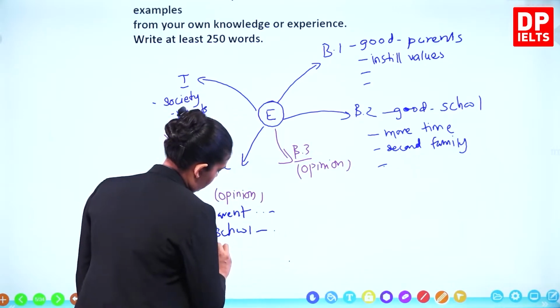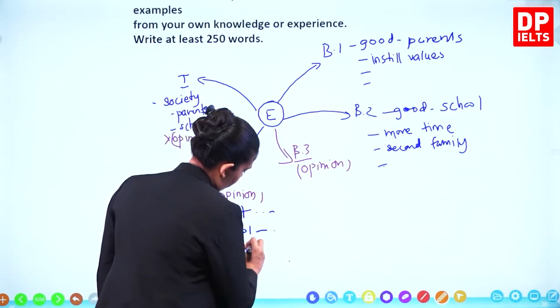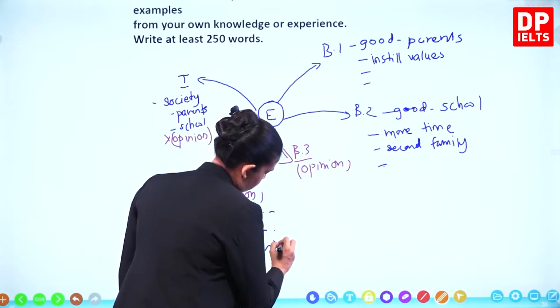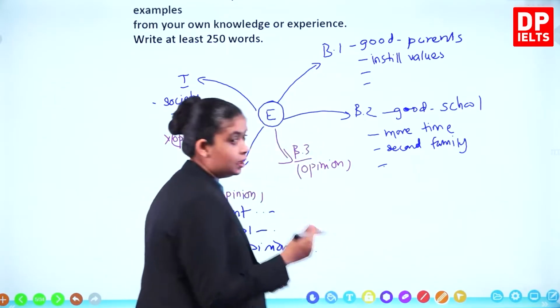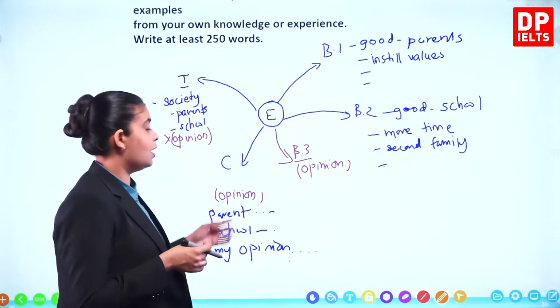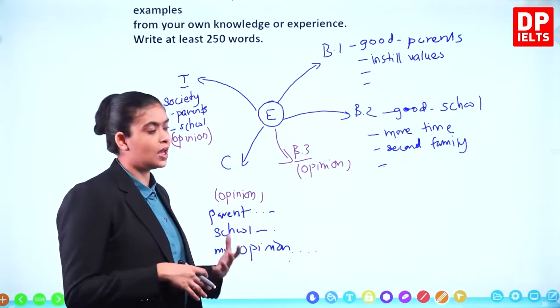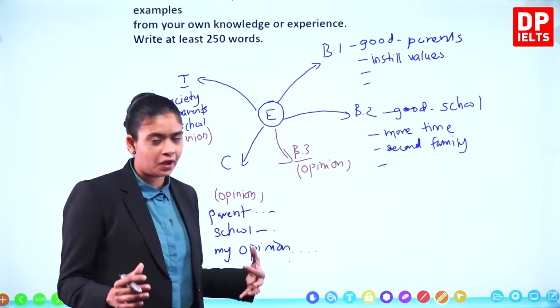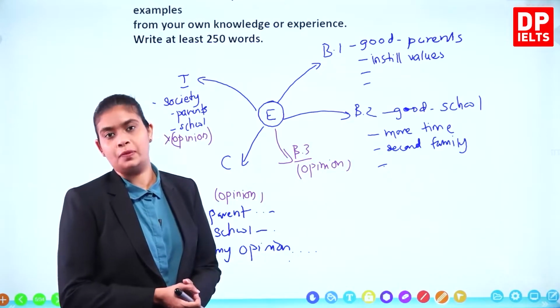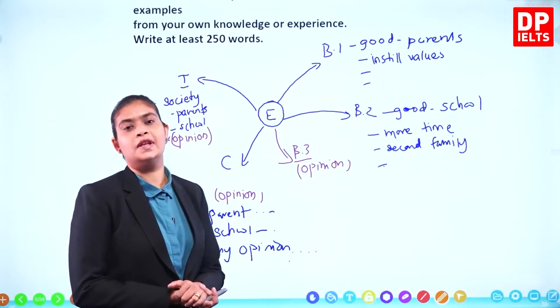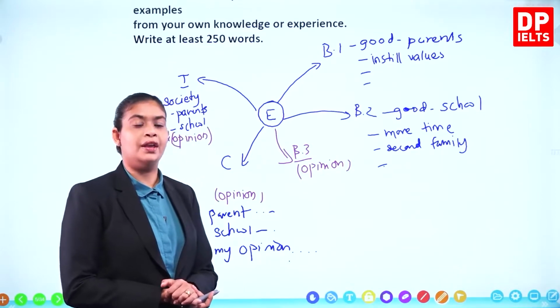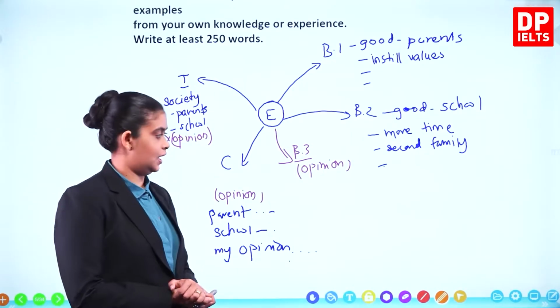In my opinion, what do you think? In my opinion, personally, I think that schools as well as parents, both parties, are equally responsible for making sure that the students end up as good members to the society.